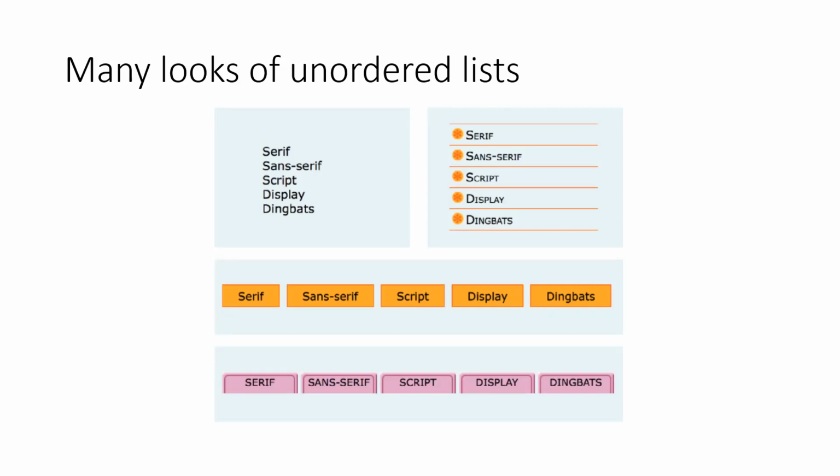For example, you can have a list without any symbol at all, or a list with nice graphics. So here we don't have any graphical elements, and here we have graphics. You can even turn it into a menu structure, like a set of buttons you can click, or a tab.